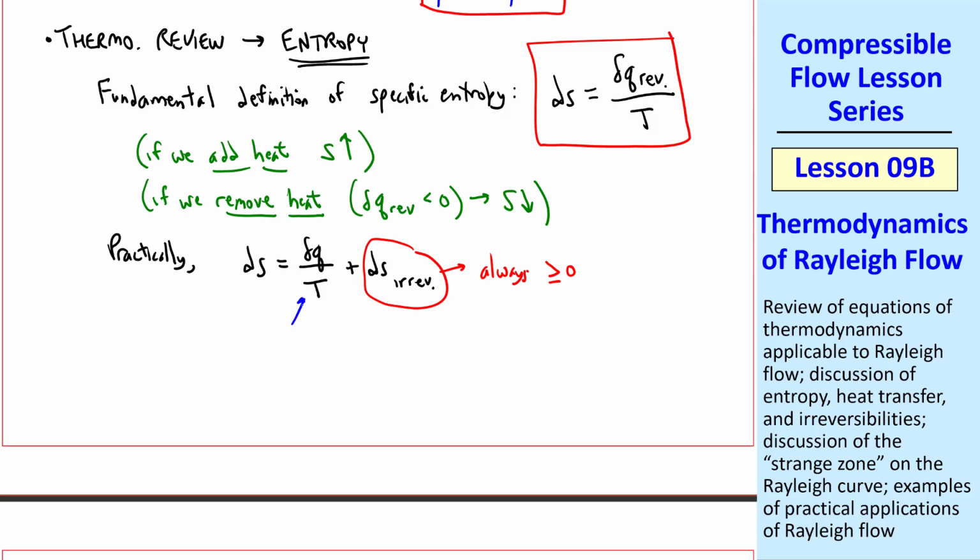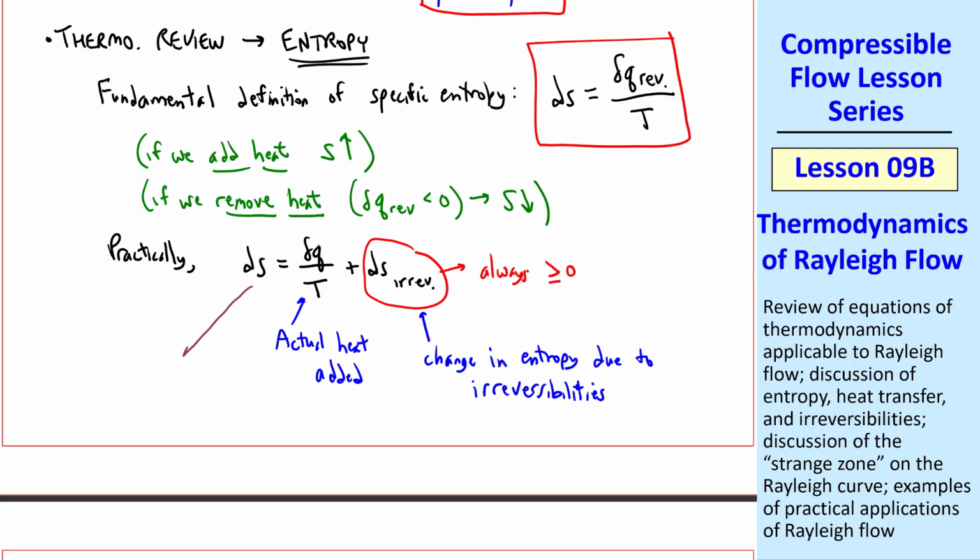In this equation, this is the actual heat added, which may not be reversible, and this is the change in entropy due to irreversibilities. So this ds must always be greater than or equal to delta Q over T.